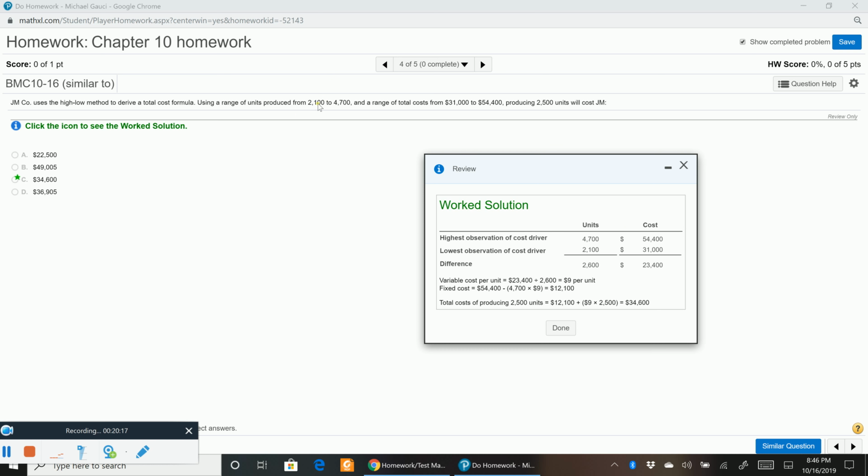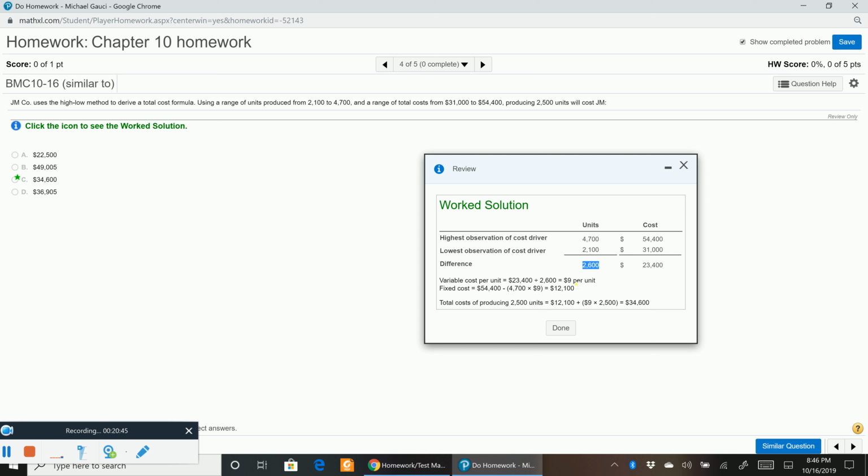The lowest level is 2,100 units at a total cost of 31,000. So the difference between the high and the low, dollar-wise, is 23,400 divided by the difference of the high and low level in cost driver, or 2,600. 23,400 divided by 2,600 gives you a variable cost, which is $9 per unit.